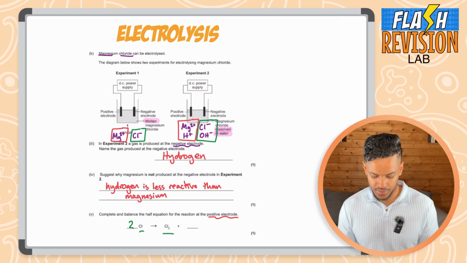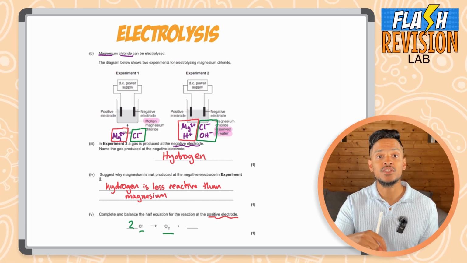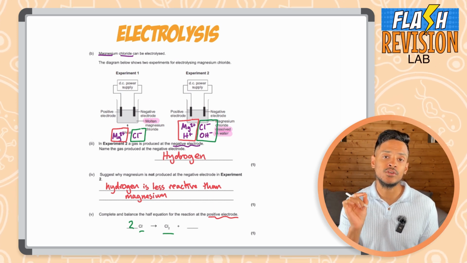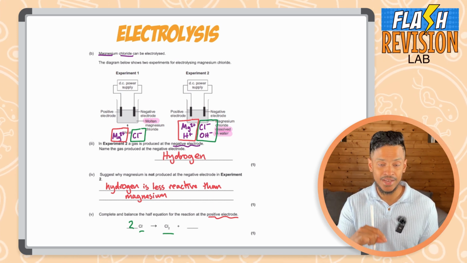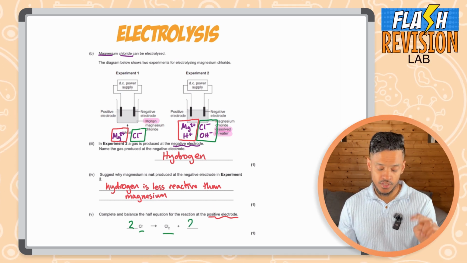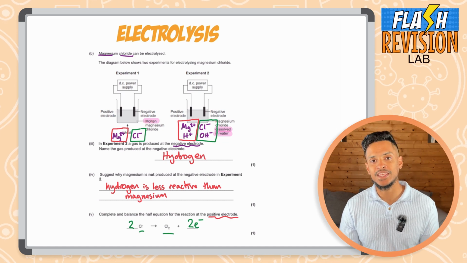Now the other product here, to turn Cl- into a Cl atom, you need to remove an electron. So for every chloride ion you have, you need to remove one electron. So because you have two chloride ions, you need to remove 2 electrons. So the answer here is 2e-.